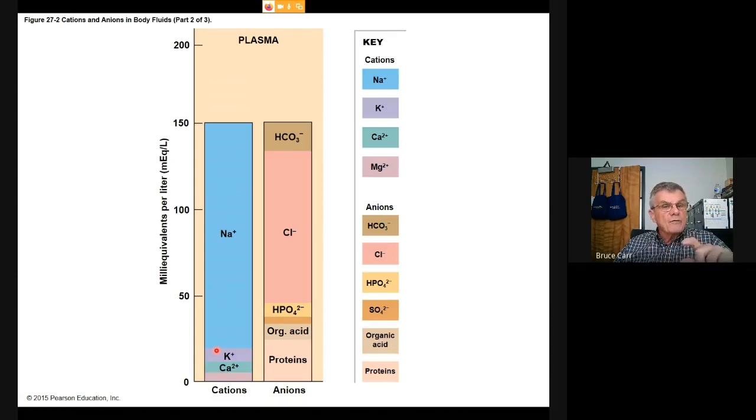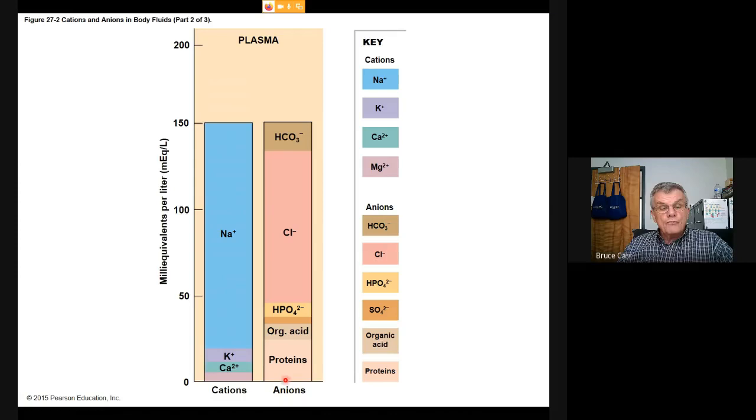Transporting it in at a certain level, but then concentrating it at a much higher level. You're going to need energy to move that. So lots of sodium, by far the dominant cation. The dominant anion is chloride, with proteins and their negative charge being present in the plasma.